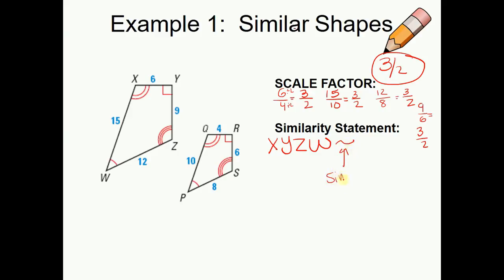That says that you are similar. Something to keep in mind: I went X, Y, Z, W, so I have to do the exact same order on the little shape. So that would be Q, R, S, P. That would be my similarity statement for those two shapes.